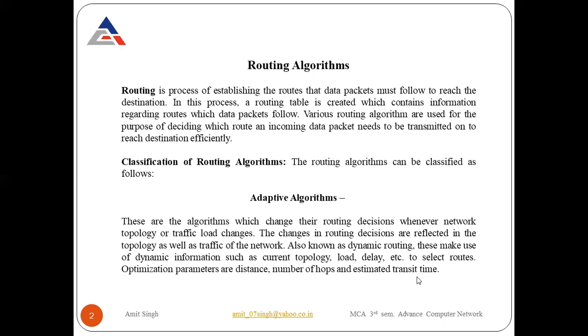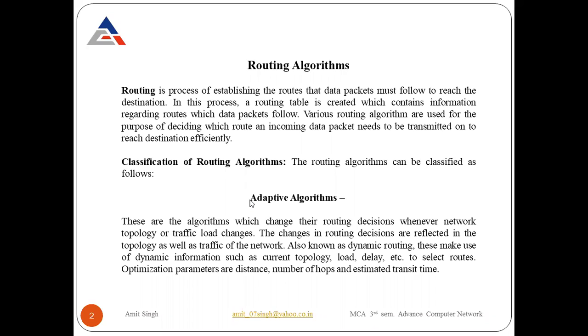Now, this is the first category that is called adaptive routing. In the case of adaptive routing, the packets can change their routing decisions, and they change the routing decision depending upon the network topology and the current load on that particular path.